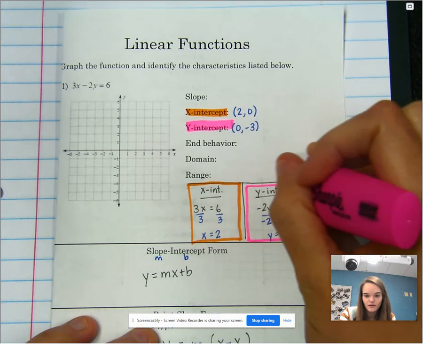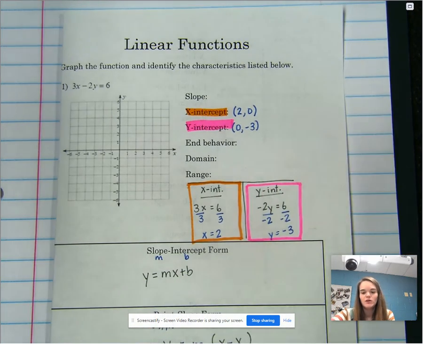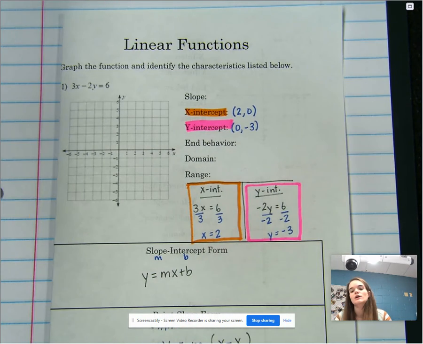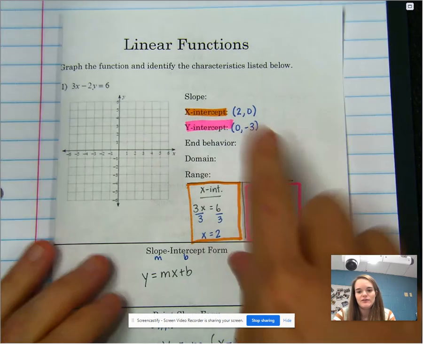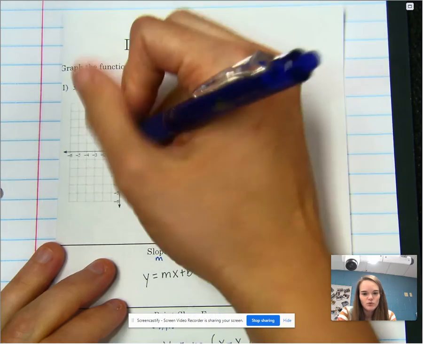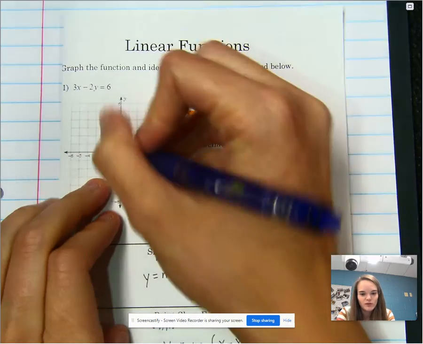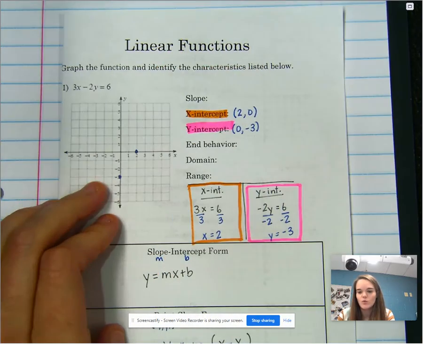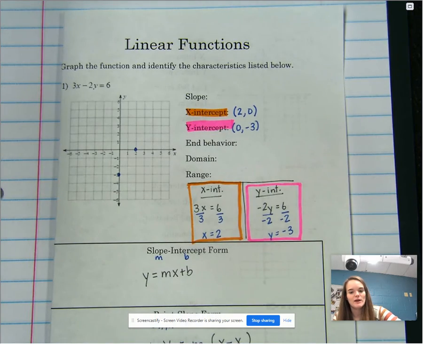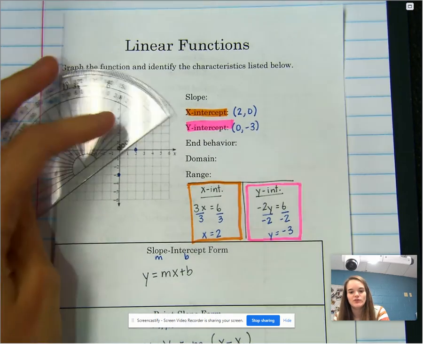We did that by making the y 0 and then the x 0. All right, so let's graph these two points. I have (2, 0) right here. That's the x-intercept. And I have (0, negative 3). That's the y-intercept. I'm going to use my straight edge to connect these.